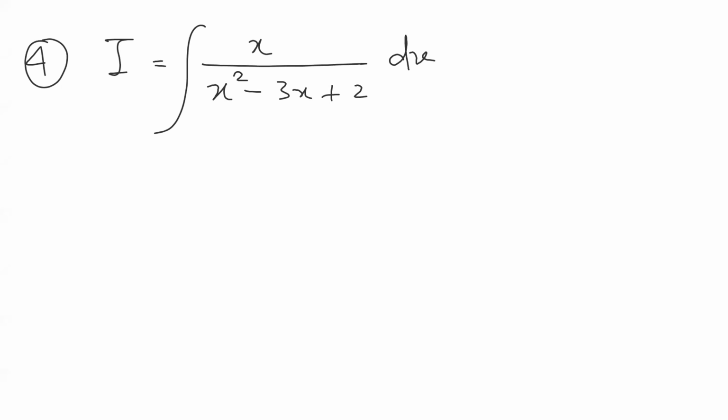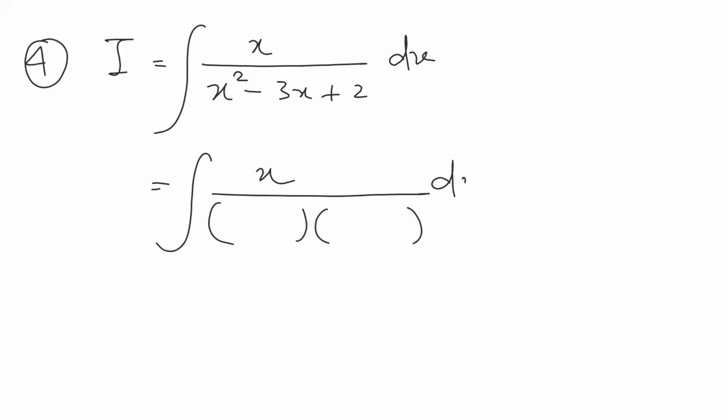Now, in this particular problem, if we are able to factorize the denominator, let's do it. Can we factorize the denominator over here? Yeah. So tell me what is the denominator after factorization. You can solve it at your end and tell me. Are you getting x minus 1 into x minus 2?